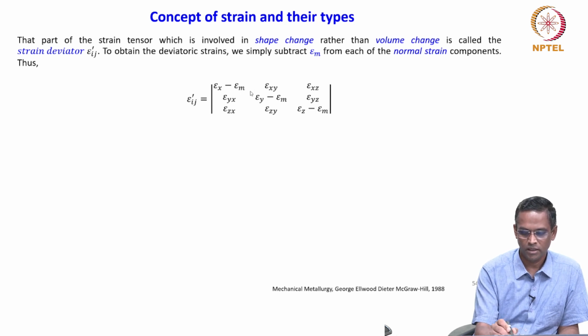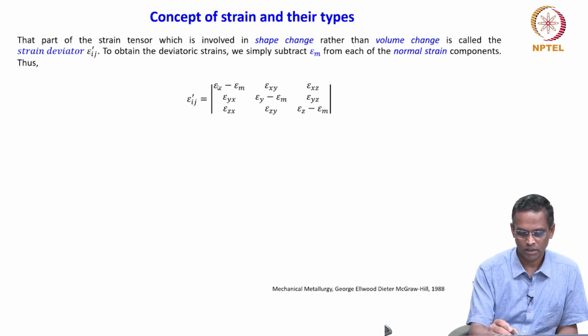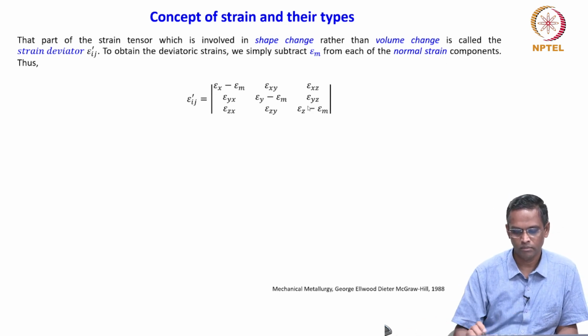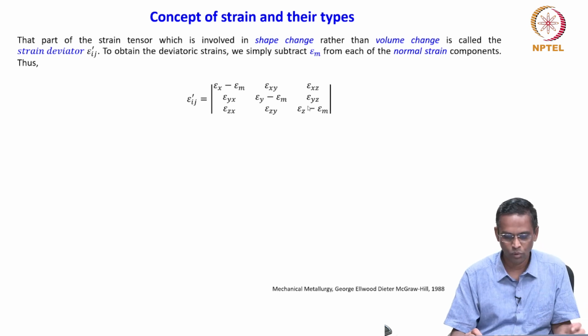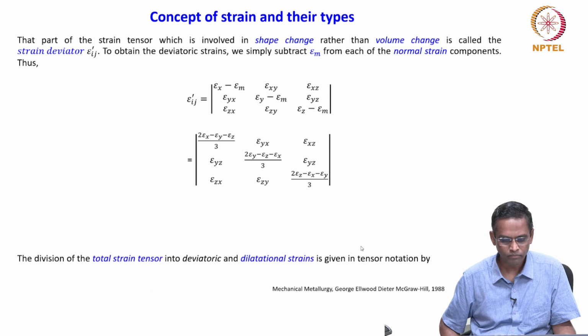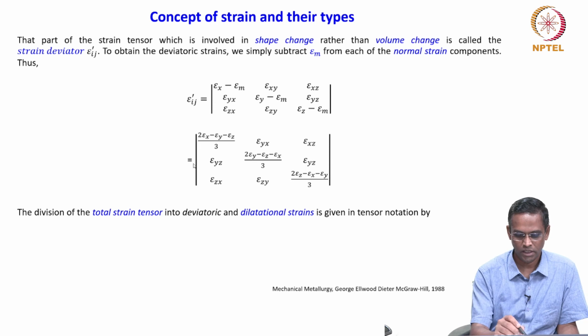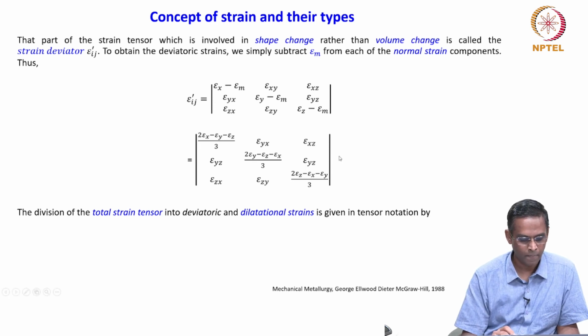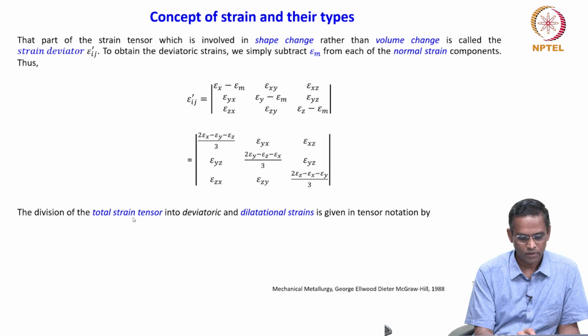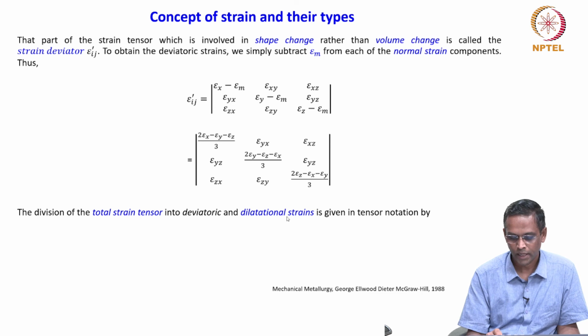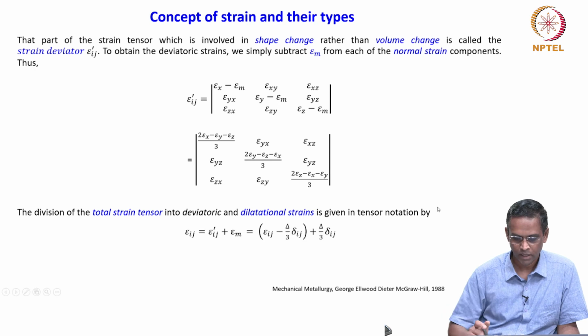That means we are simply subtracting the mean strain from the normal strain components. These are all normal strain components like epsilon 1, epsilon 2 and epsilon 3. If you expand this epsilon m and rewrite this equation, the matrix will look like this. The division of the total strain tensor into deviatoric and dilatational strains is given in the tensor notation by this.